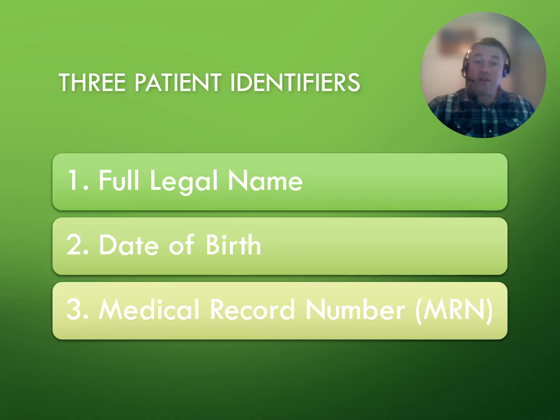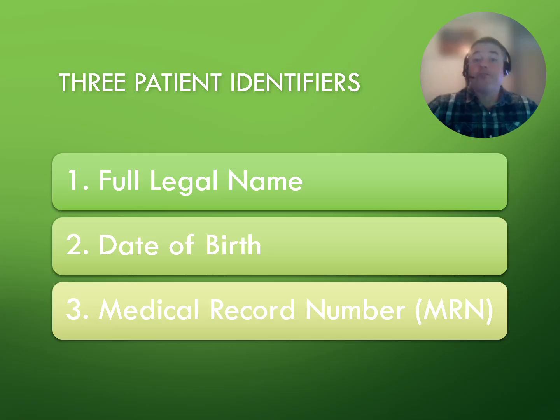So the 3 approved patient identifiers include the patient's full legal name, their date of birth, and their medical record number, should they already be established with us as a patient, also known as the MRN. Nurses should ask patients to verbally state their information rather than simply confirming information that's just displayed on the chart or on their wristband.